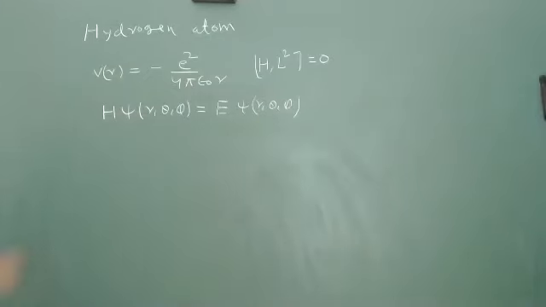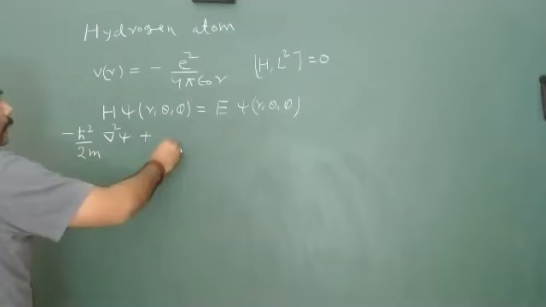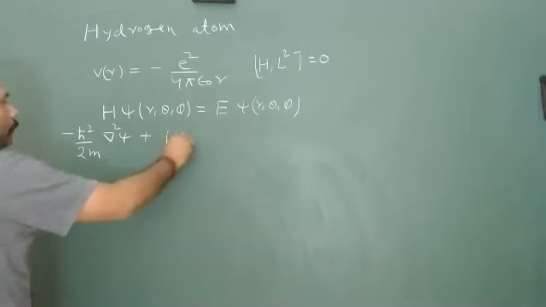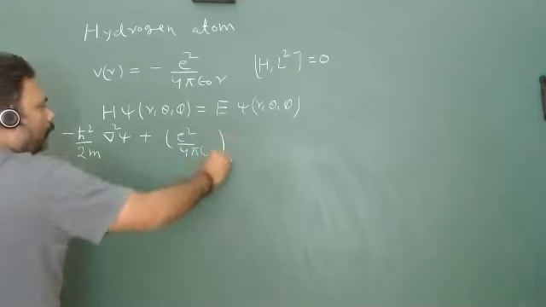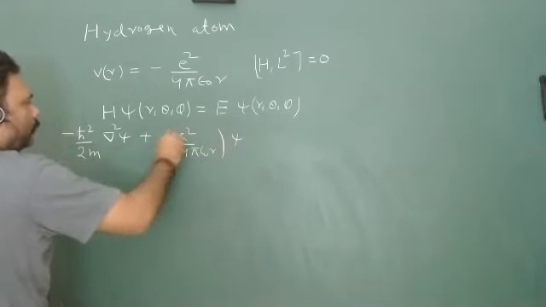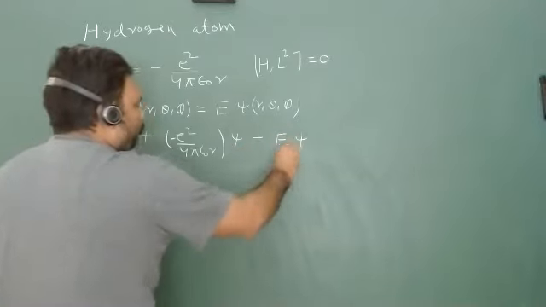And this H is nothing but the kinetic energy, minus h cut square upon 2m del square psi, plus the potential energy, minus e square upon 4 pi epsilon naught r psi, with the minus sign, equal to E psi.